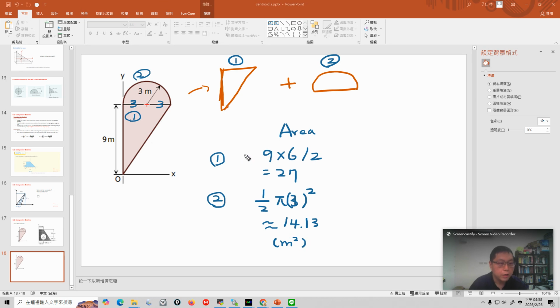Next, as I just said, find the centroid of each part. This is a 2D system, so we have the x coordinate and y coordinate. What's the coordinate of this right triangle's centroid in this coordinate system?